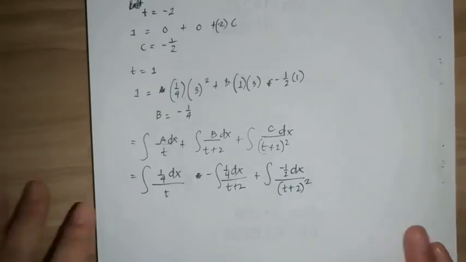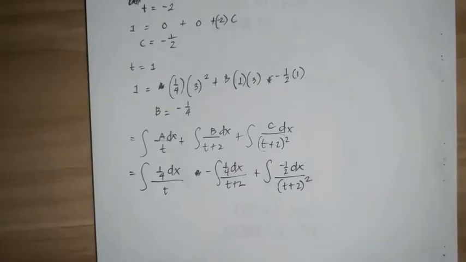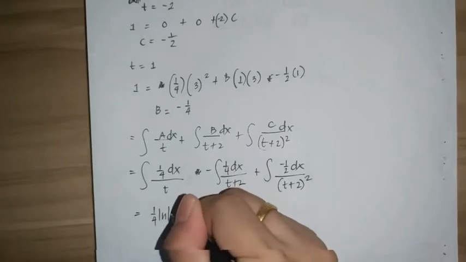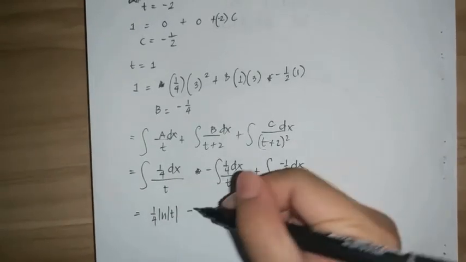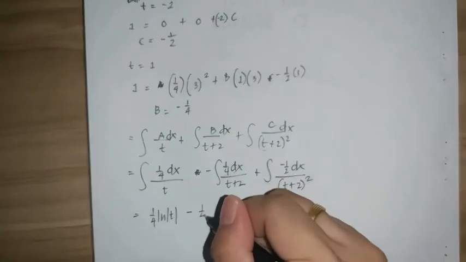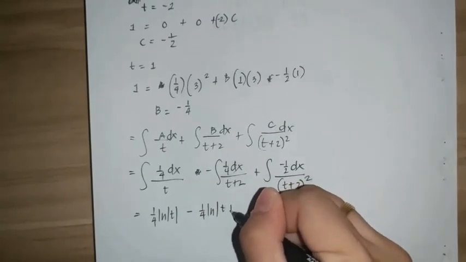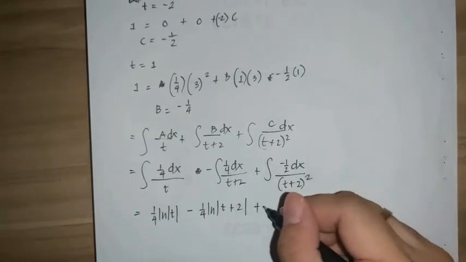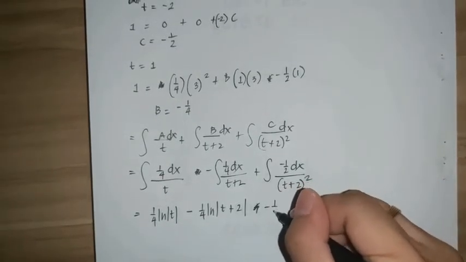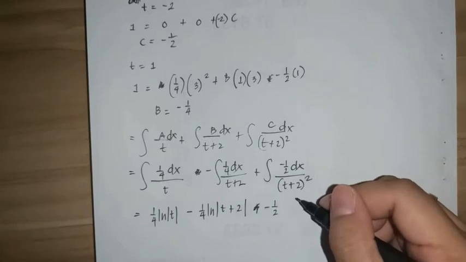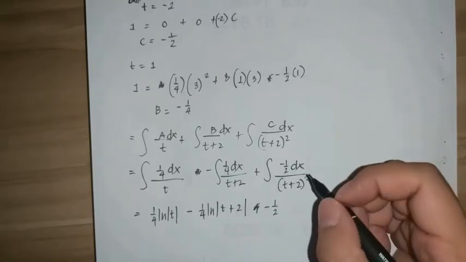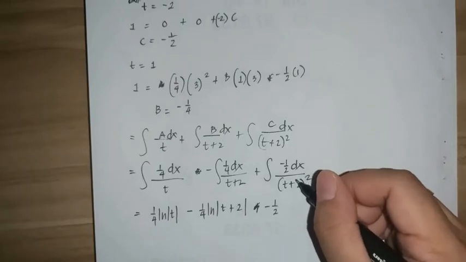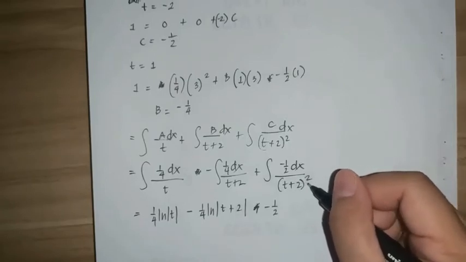So we could do our basic integration now. So we have 1/4 ln of T, minus 1/4 ln of T plus 2, right, plus this one, this is negative 1 half. For this one we can make use of our power rule.